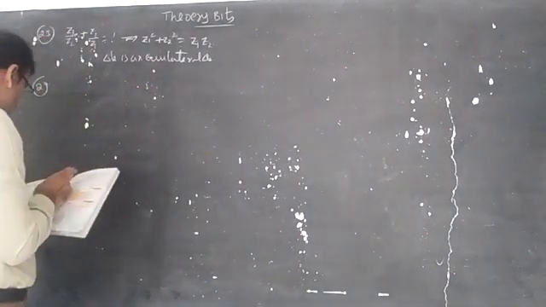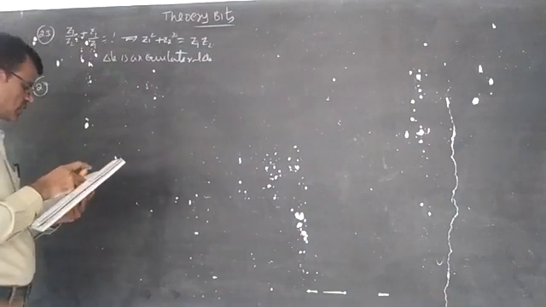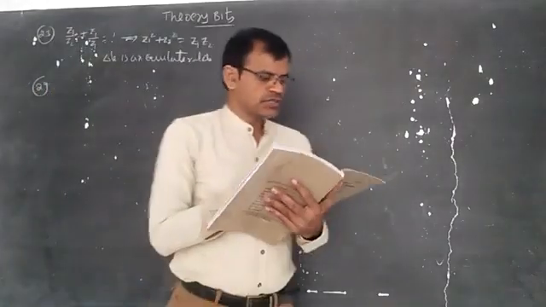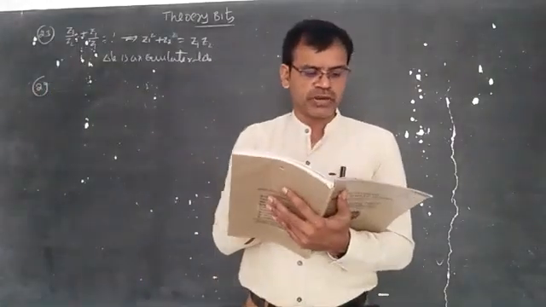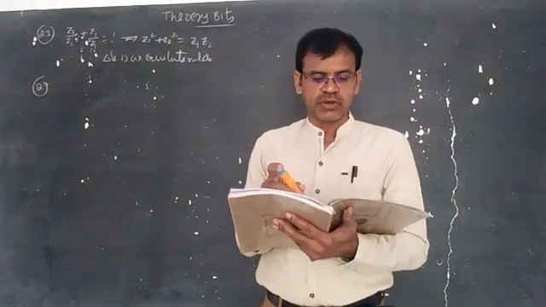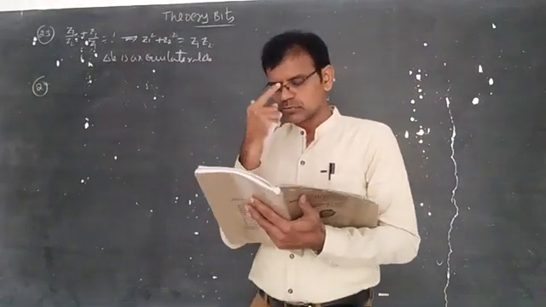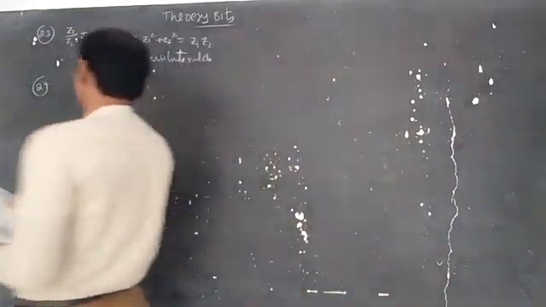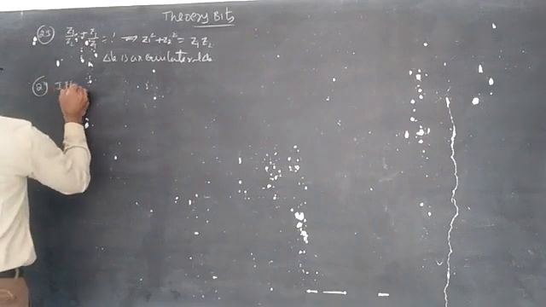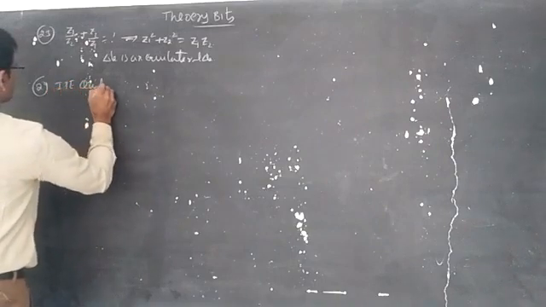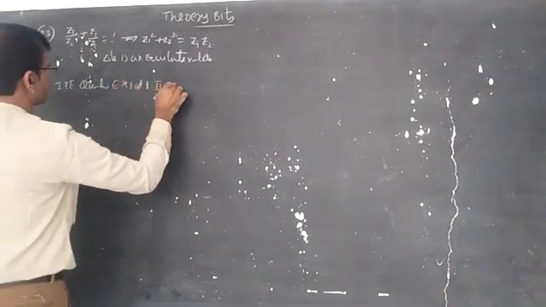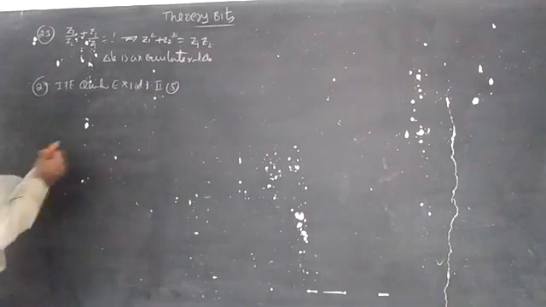24th question. The necessary and sufficient condition for the points Z1, Z2 represented by P and Q, with OP perpendicular to OQ. I think this is the IPE question, exercise 1D, Roman number 2, fifth question.